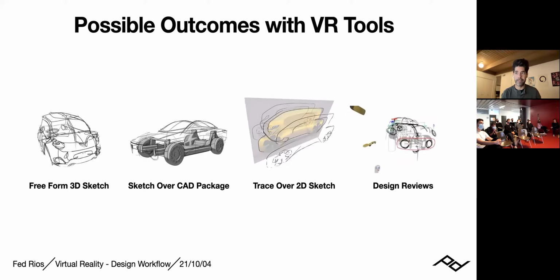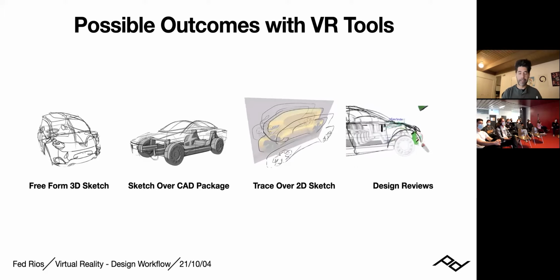You can just go into the space and start doodling in 3-dimensional lines, like the one you see on the left. Second is sketch over package, is what they call it, which is bringing in a predetermined CAD volume that is dimensioned or constrained or has measurements. And then you use those as you're defining volume to sketch your lines over.